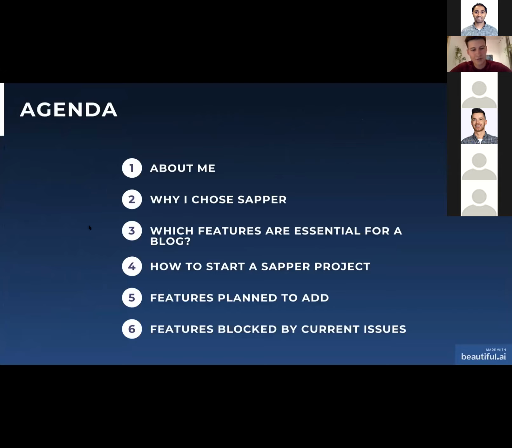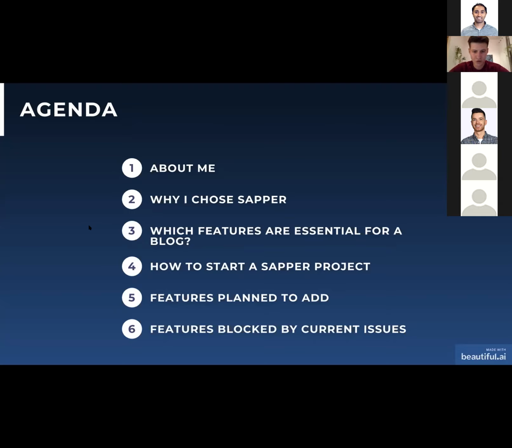So the agenda for today is: first I'm going to explain something about me and what my background is. Then we're going to have an introduction to why I even chose Sapper and not one of the other static site generators that are out there. I'm going to explain which features are essential for a blog.